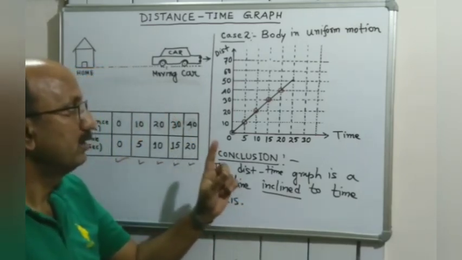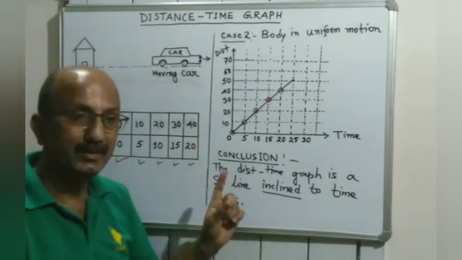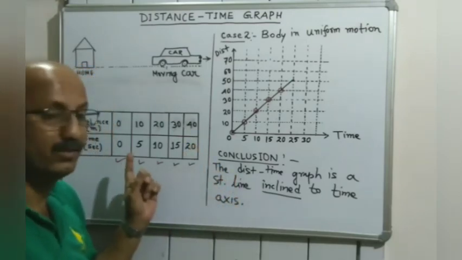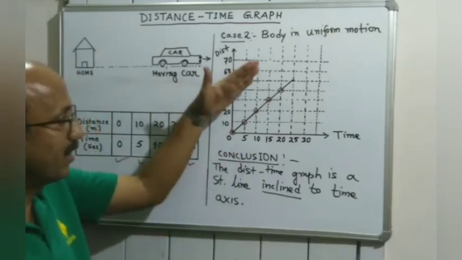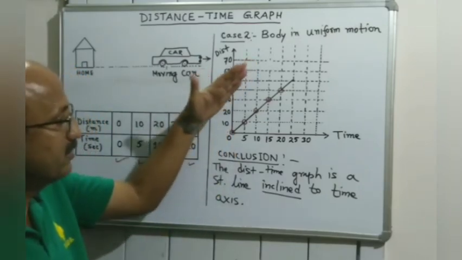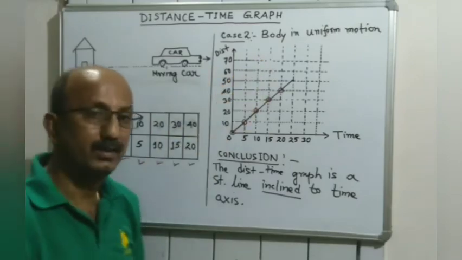So when a body is in uniform motion, meaning when the body covers equal distance in equal intervals of time, graphically the shape of the graph is always a straight line inclined to the time axis.